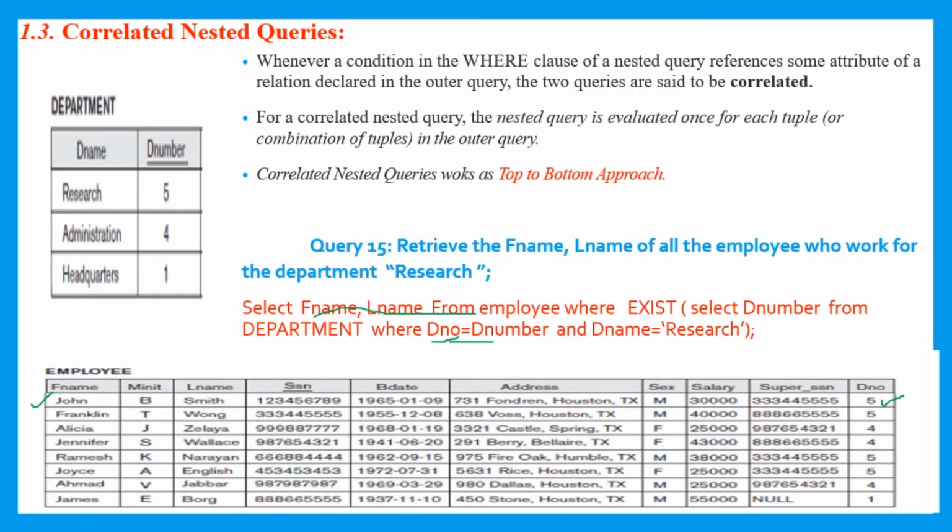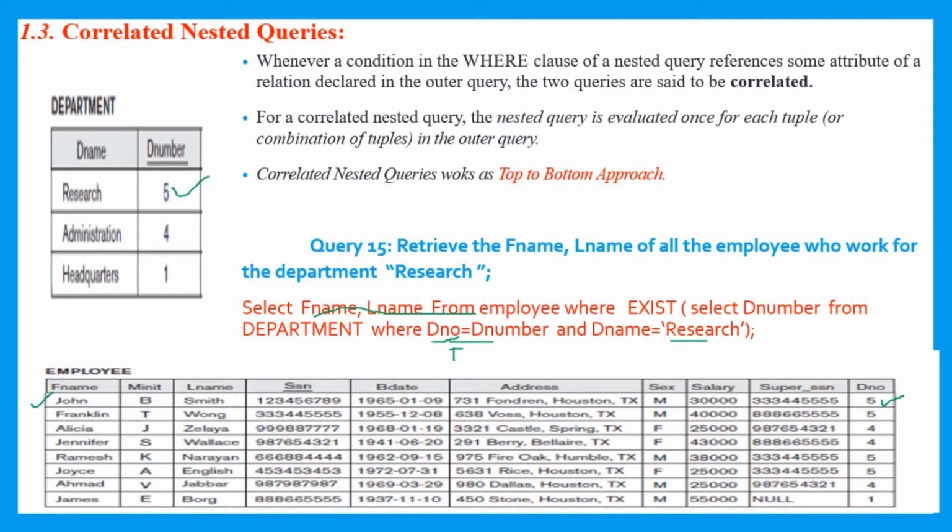Yes, it is matched. Once it is matched, the exists is going to find that at least one row should be present in the innermost query. Now department number 5 is available in the department table. Once this is true, we are also checking the D name, whether that person is working for Research or not. That is, D name is equal to Research.